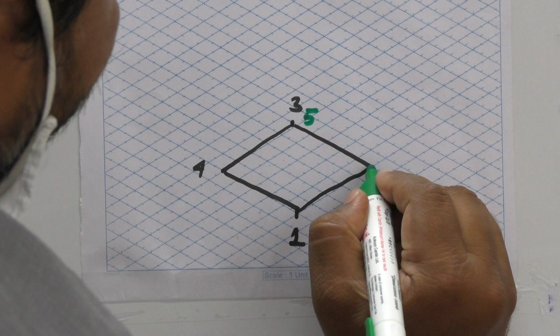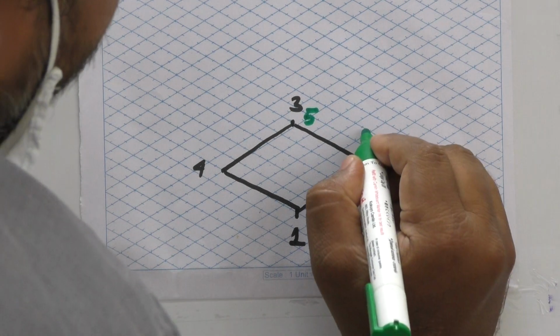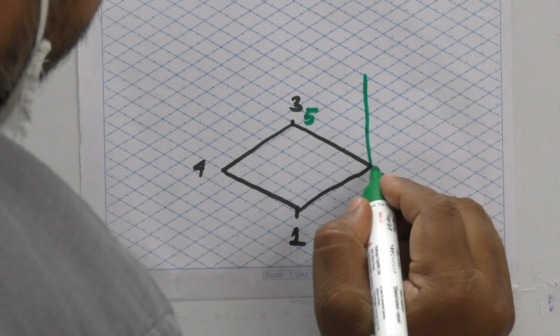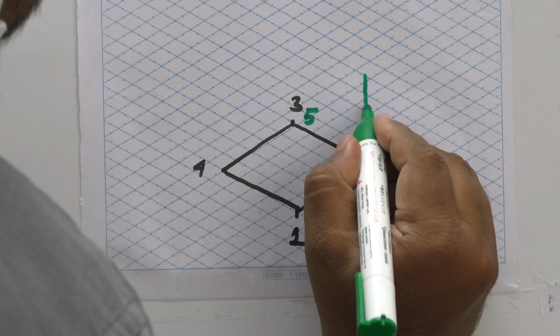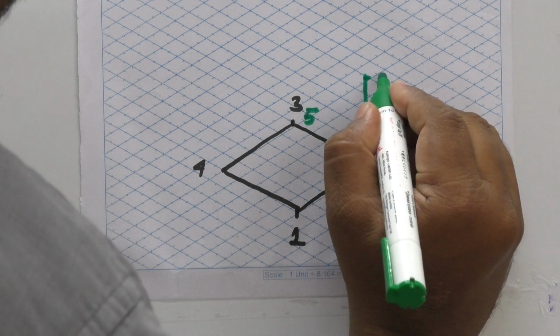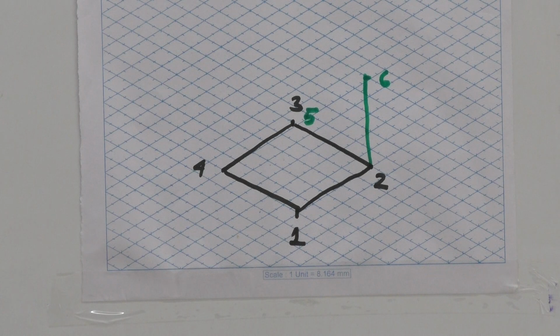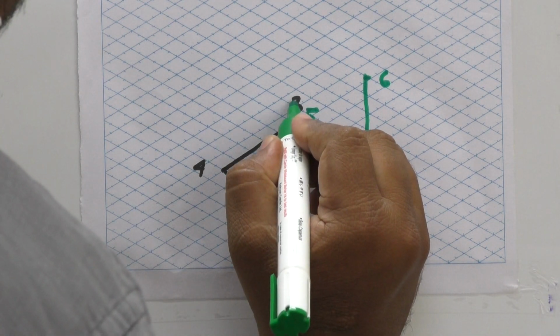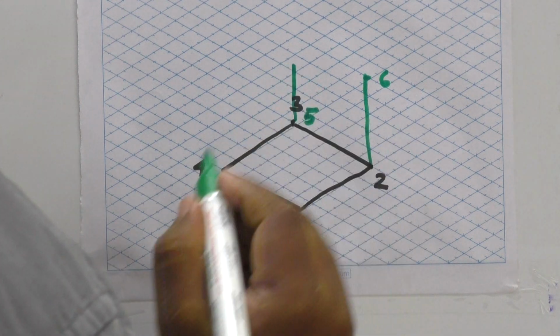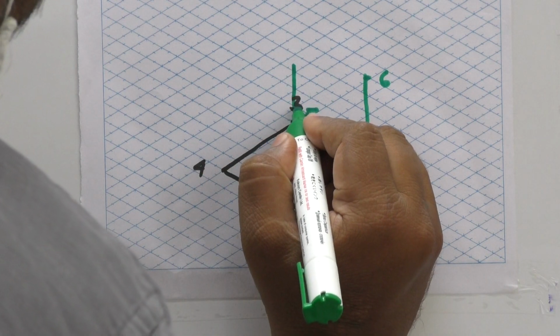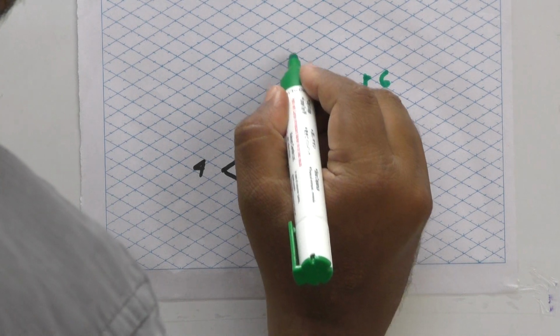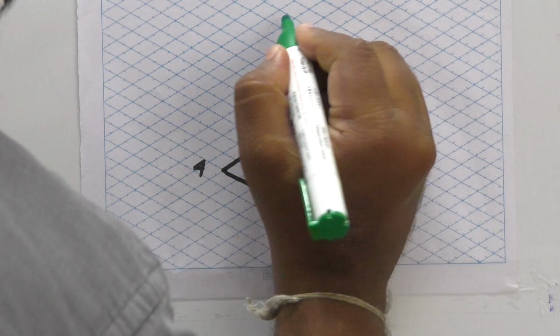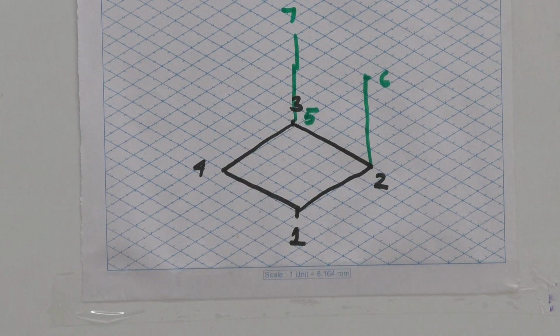Similarly, corner 2 is raised by 5 units, and this becomes corner 6. From corner 3, take 5 units vertically upwards; this is corner 7.